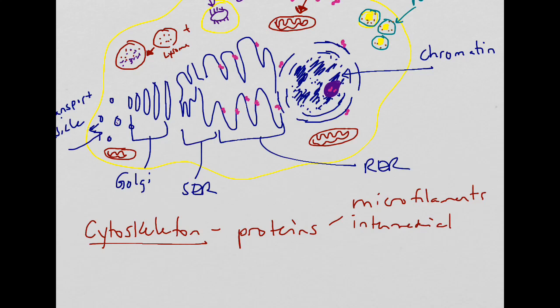Intermediate, that's pretty obvious, they're medium sized, and the microtubules, these are thicker. And so depending on what you're talking about in biology, you will come across these terms. So it'll talk about microfilaments when you get to the muscle chapter, and microtubules I'll mention right now when we talk about cilia and flagella. Okay, and the intermediate fibers are going to help with our attachments that we talk about later.